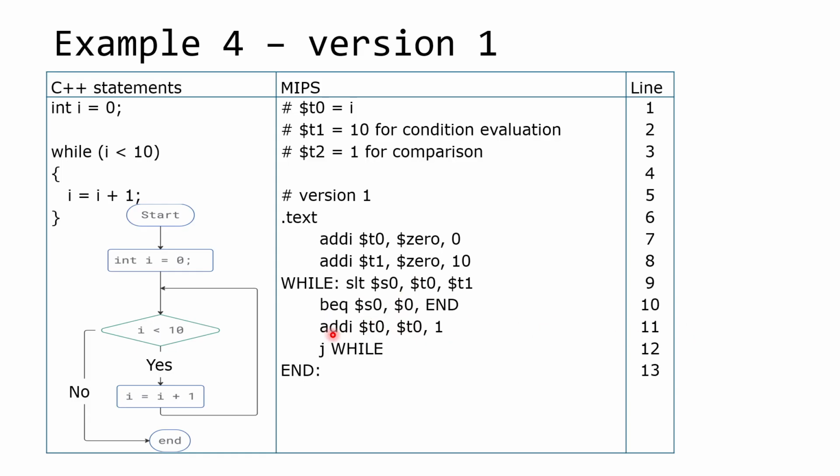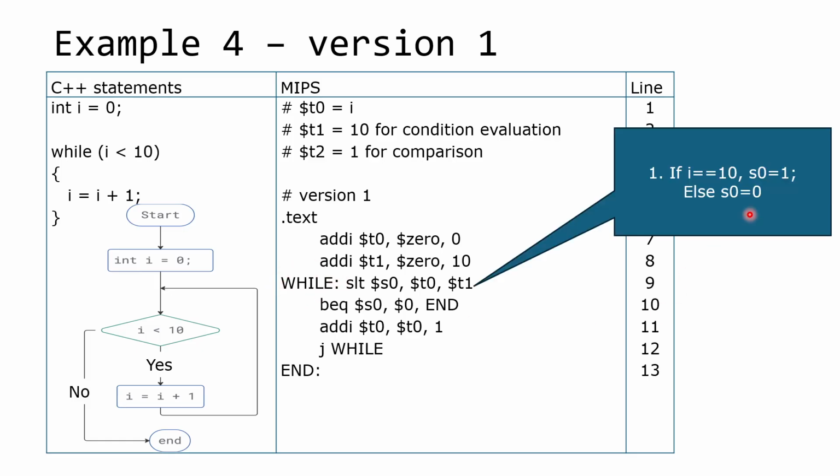Line 11, ADDI T0, T0, 1, means I is equal to I plus 1, and then repeat back again to the top. At the testing, is I less than 10? So we will jump to while. For this line, they would jump to this statement.